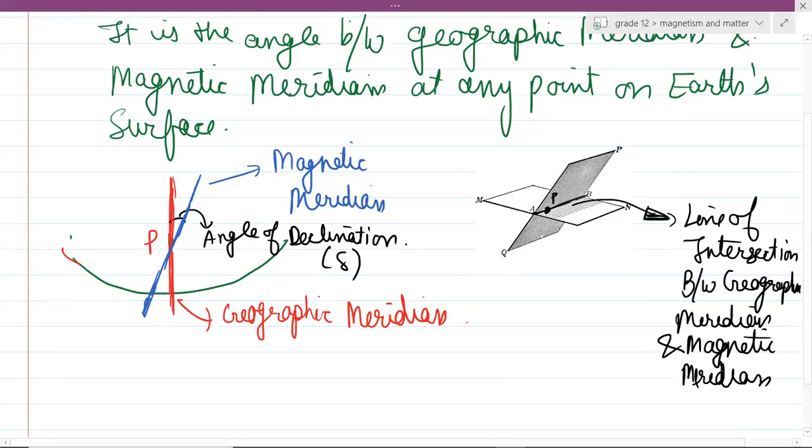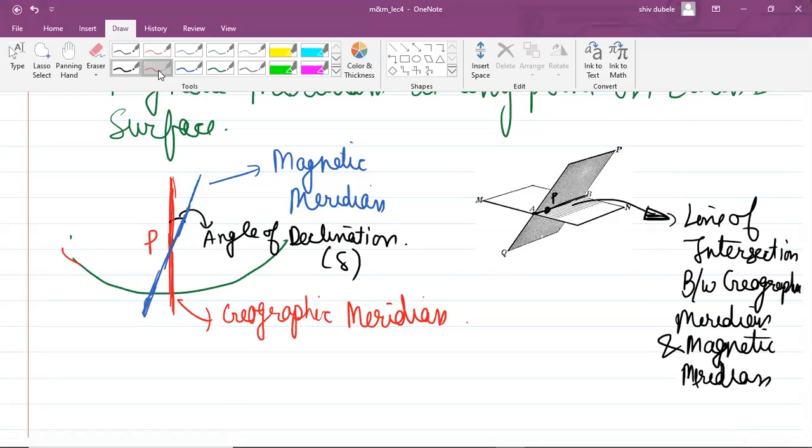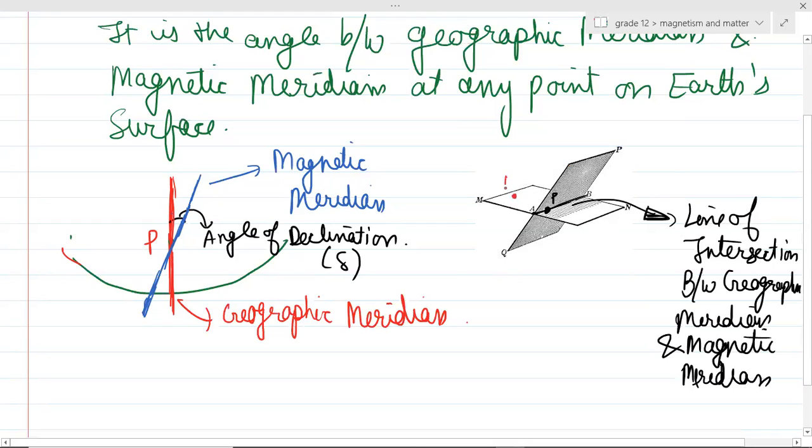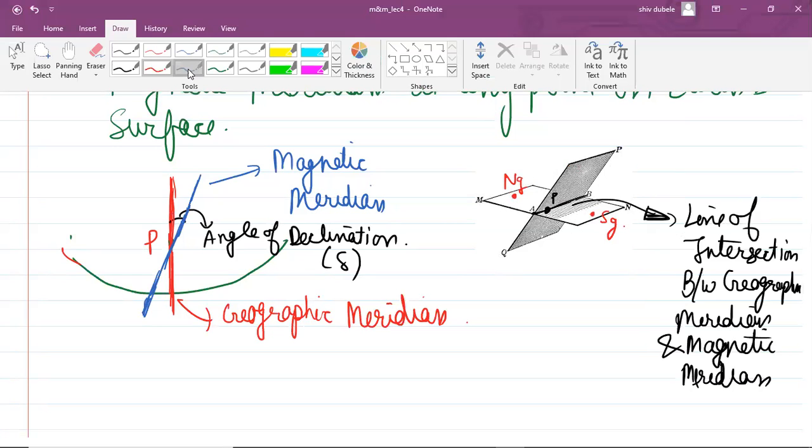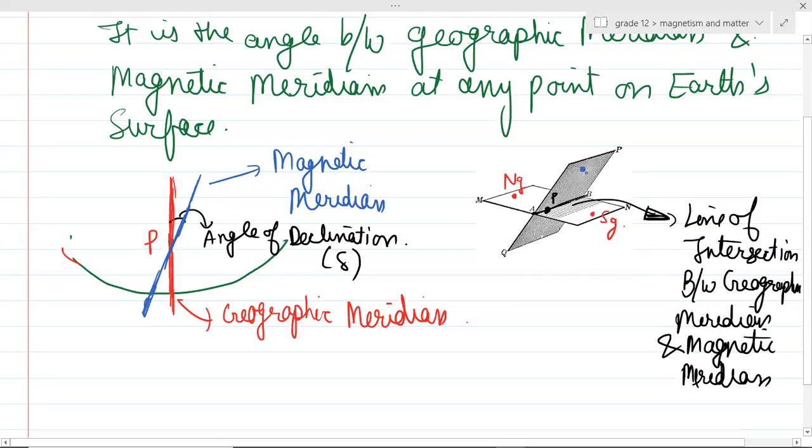It will contain the geographical north and the geographical south, whereas this plane will contain the magnetic north and the magnetic south. This is a rough diagram, you don't need to draw it. This is not for school purposes, this is just for understanding purposes.